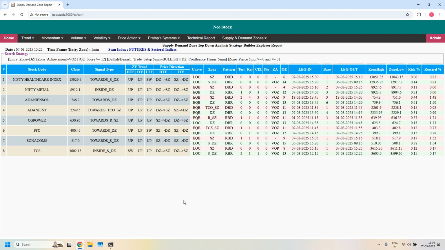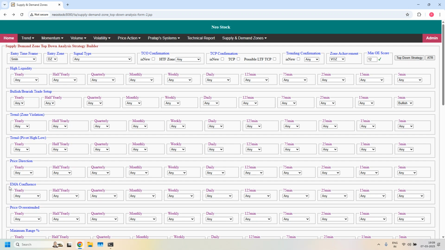Out of these 8 stocks, if any of the 15 minutes demand zones are having daily EMA confluence, probably those zones might be having more probability to get success. Let's verify. In the EMA confluence at 15 minutes time frame, because 5 minutes demand zone is overlapped with 15 minutes demand zone, that's why we are checking if the 15 minutes demand zone is having daily EMA confluence.